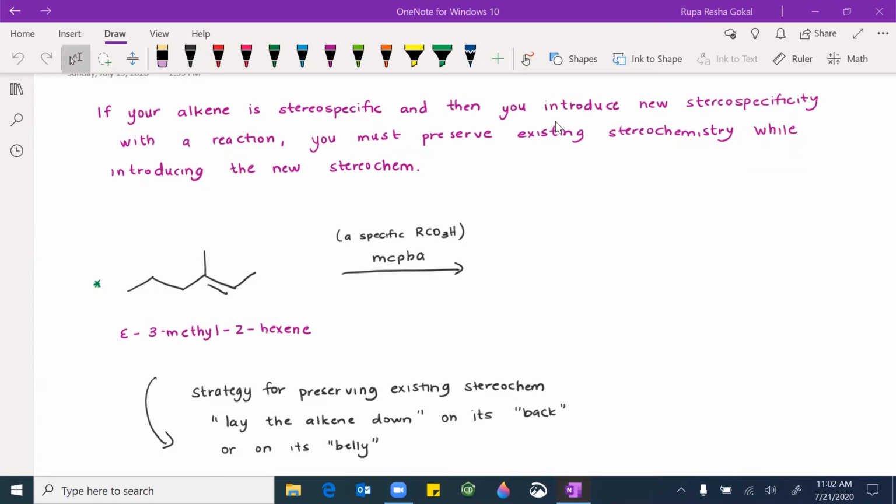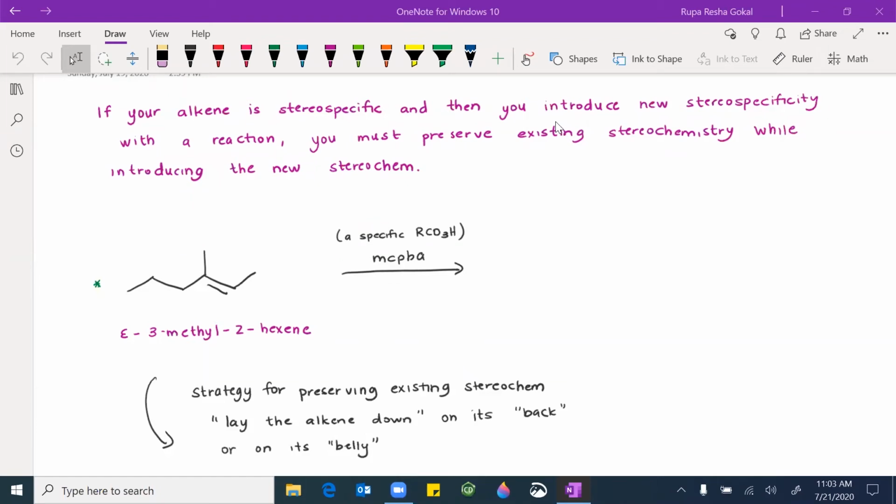You might if you've taken biology and learned your carbohydrates, but you're basically having to memorize something in order to get the right answer. So I'm showing you a different way to approach it. If you like what she shows you in the book and you get the right answer, fine. If you like what I show you and you get the right answer, fine. And if you can do both, great. I'm just giving you a different way to preserve existing stereochemistry while introducing new stereochemistry.